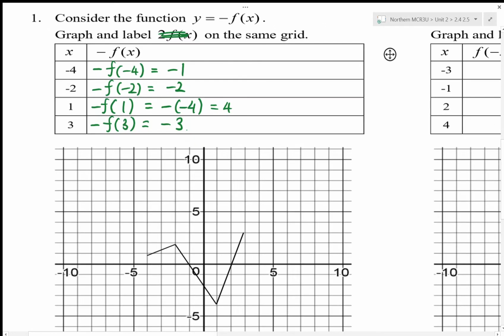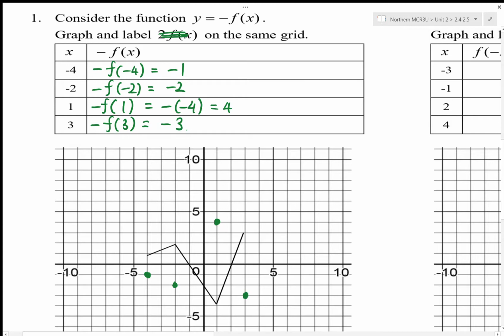Let's plot them. When x is negative 4, it's at negative 1. When x is negative 2, it is at negative 2. When x is 1, it is at 4. And when x is 3, the value gives me negative 3.